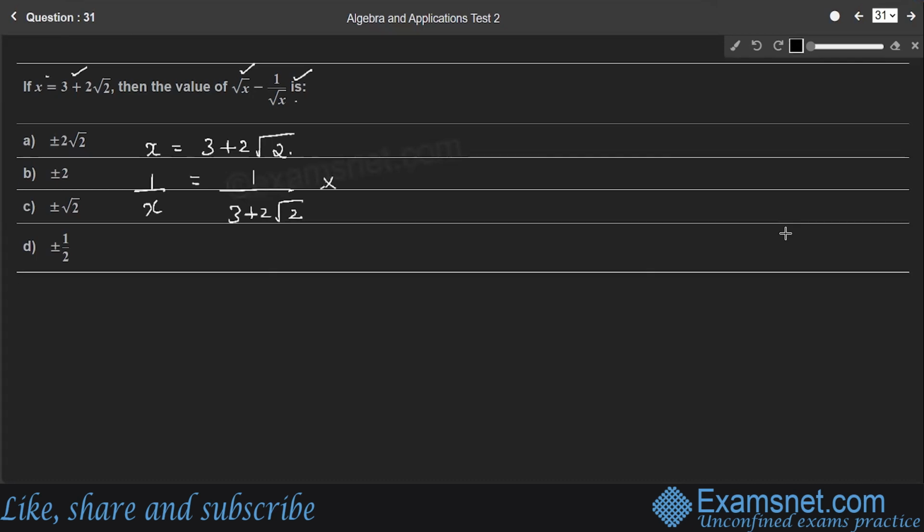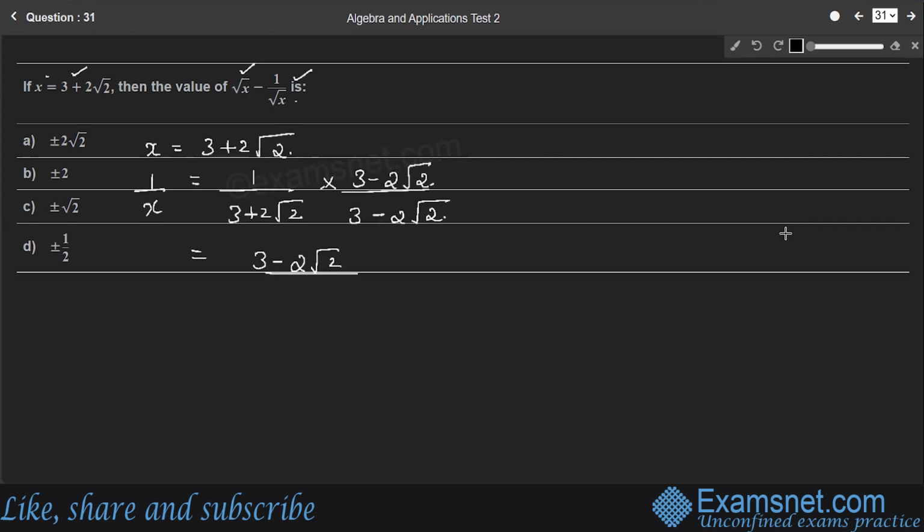So multiply both numerator and denominator by 3 minus 2 root 2, right? So here there will not be any change in the value of the expression, right? So here the numerator becomes 3 minus 2 root 2 and the denominator is in the form of a plus b into a minus b. Here a is 3, b is 2 root 2, right?